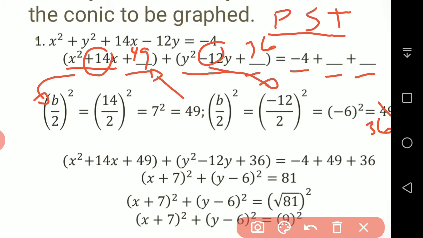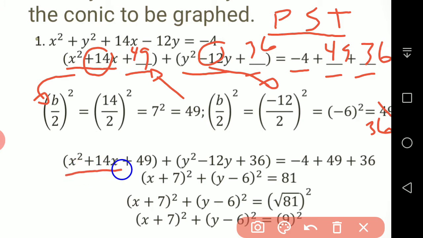However, guys, we don't just add terms on the left hand side of the equation without thinking of the other side of the equation. So what we did on the left hand side should also be done to the right hand side. So when we added 49 and 36, we also need to add 49 and 36 on the right.